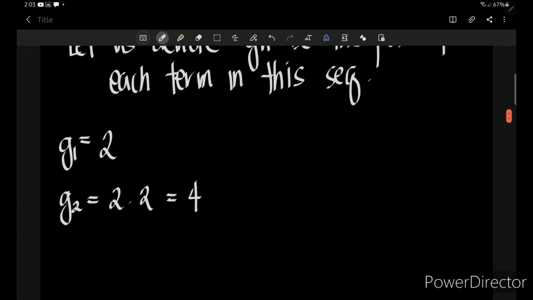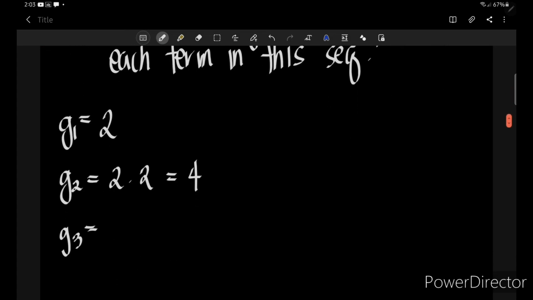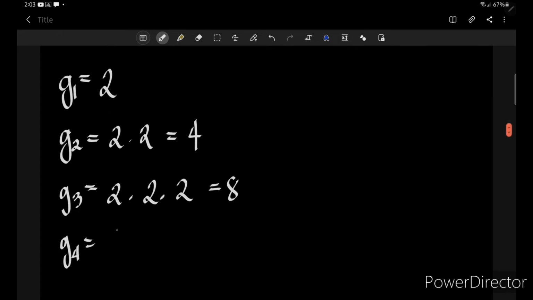Next, yung G sub 3 ay makukuha kapag nagmultiply tayo ng 2 twice sa ating first term na si 2. So, G sub 3 is 2 times 2 times 2. And we have 8. G sub 4, 3 times naman tayo mag-multiply ng 2 sa first term.